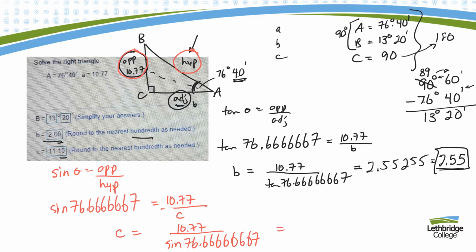Okay, calculator for a second. Okay, and when I do that, it comes out to 11.0683488, etc. So rounding it to 2 decimal places, 11.07 I would call it. Now compare those numbers with the numbers here.